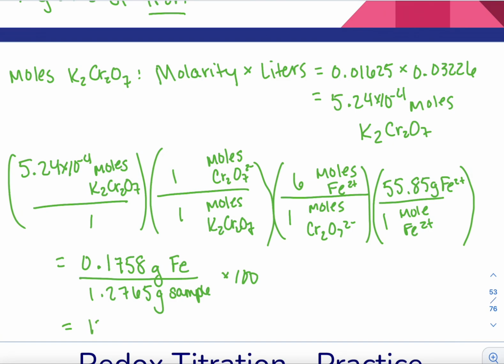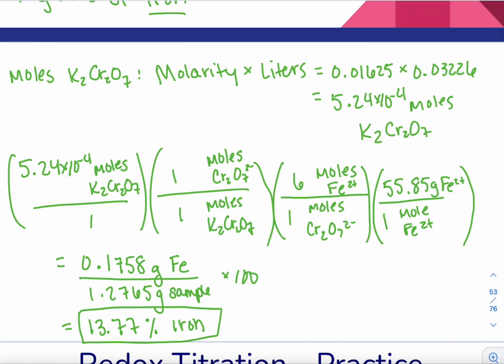So that comes out to 13.77% iron. So that one seems a little more complicated than the first one. And quite frankly, if you need to go back and watch those two being done again, I think that's a great idea.